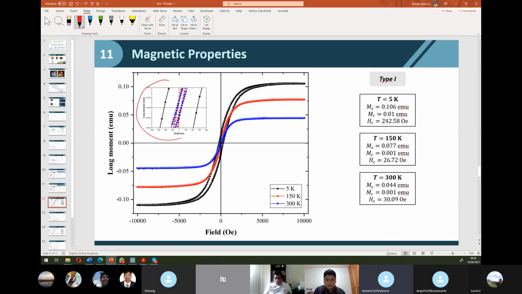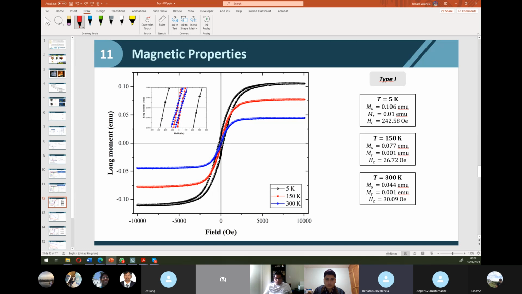In this figure, we have the center of this curve, a zoom of this curve between minus 4000 and 4000 Oersted, and it is clearly observed that at 5 Kelvin the hysteresis loop is more clear, and in this loop we have a coercive field equal to 242 Oersted, and at other temperatures, 115 Kelvin or 300 Kelvin, the coercive field is very small.